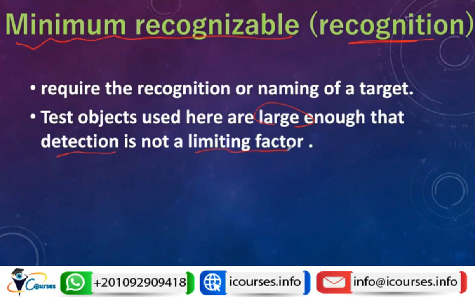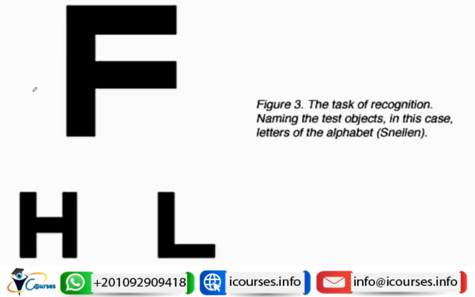We present a large letter and ask the patient, is this letter F, letter H, letter L? The task required here is not to locate a gap, because not all letters have gaps, but just to name the letter.